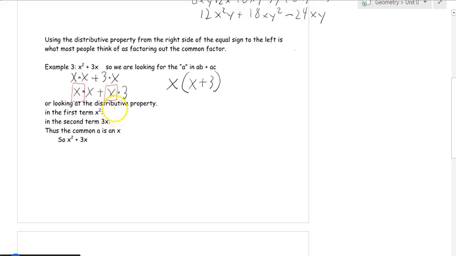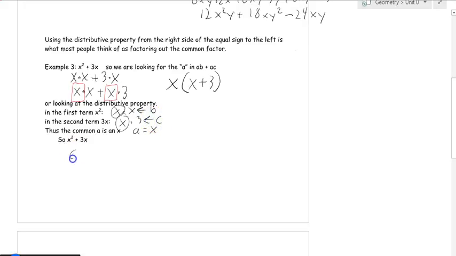So in the first term, you have x times x. In the second term, you have x times 3. So a is going to be one of these two x's, while b is the other x in x squared, and c is the 3 in 3x.